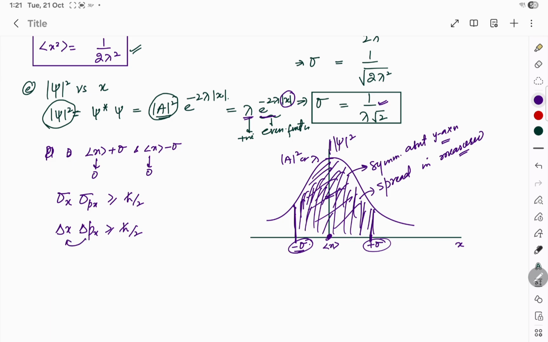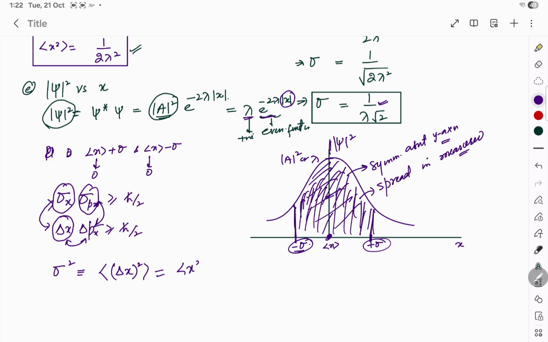These two must be conjugate to each other, and there is actually a relation. This is a standard deviation, this is a standard deviation, so this is the uncertainty in x. So standard deviation must be connected to the uncertainty values, and yes, there is a very important relation, which says that variance, or standard deviation square, is equal to the expectation value of uncertainty in x square.